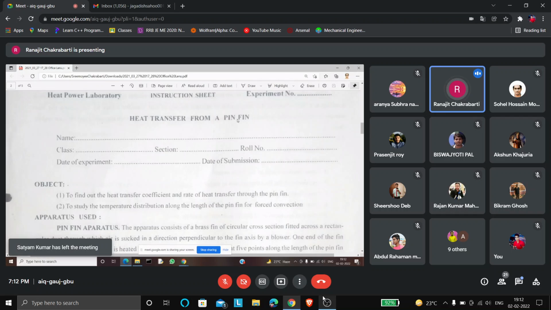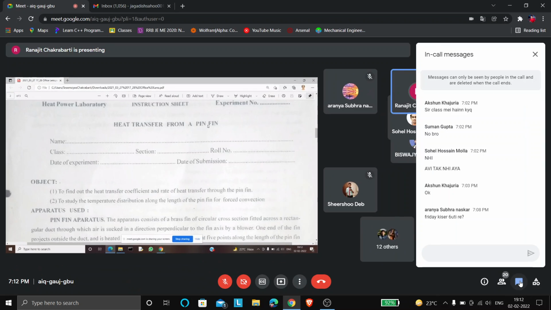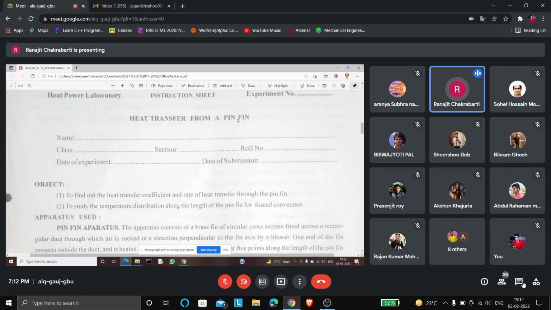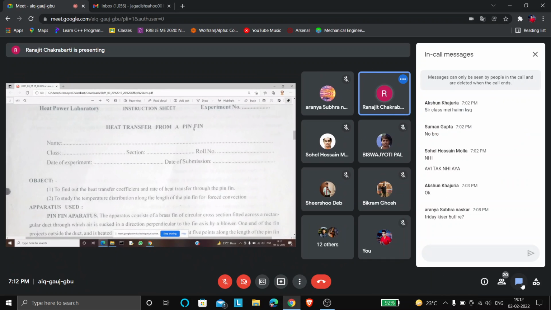In that case, there will be conduction to a certain extent and natural convection. And if that fluid is a moving fluid, moving because of some forcing device like a fan or a blower, then the heat transfer will be predominantly by convection.